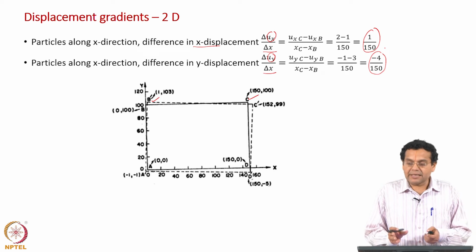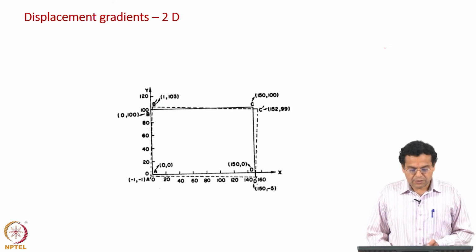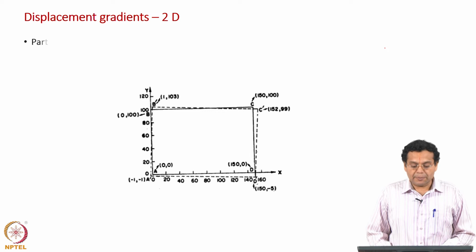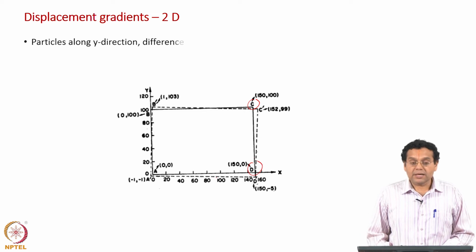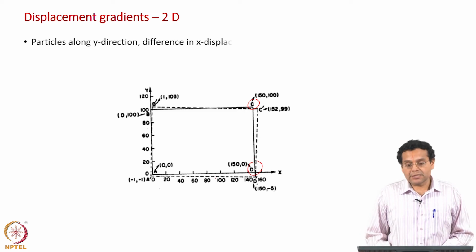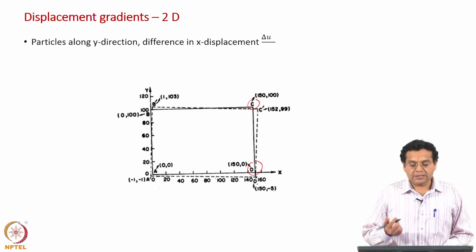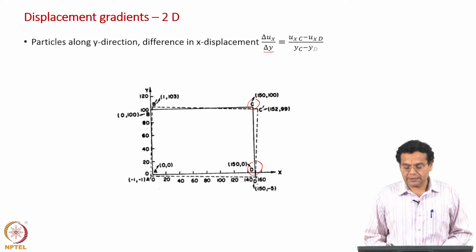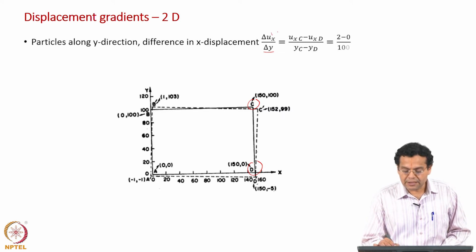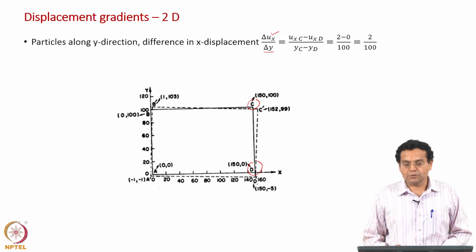Earlier they were just gradients. Okay. Now, what did we do next? We took particles along y axis, we took particles C and D and then looked at the difference in x displacement and then difference in y displacement as well. Okay. So, delta y tells you that we considered particles along the y axis, looked at the difference in x displacement, found a value of 2 by 100.